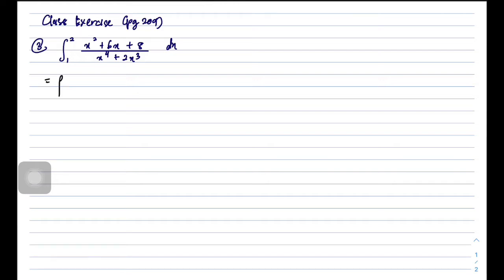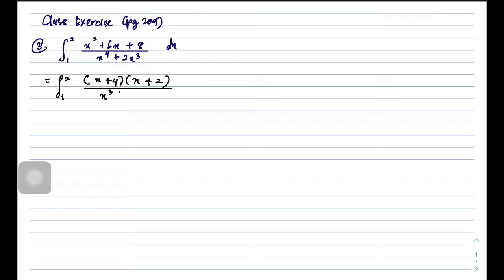So in this case, your x squared plus 6x plus 8, when you try to factorize, you will get (x plus 4)(x plus 2) over, so how to factorize completely your denominator?